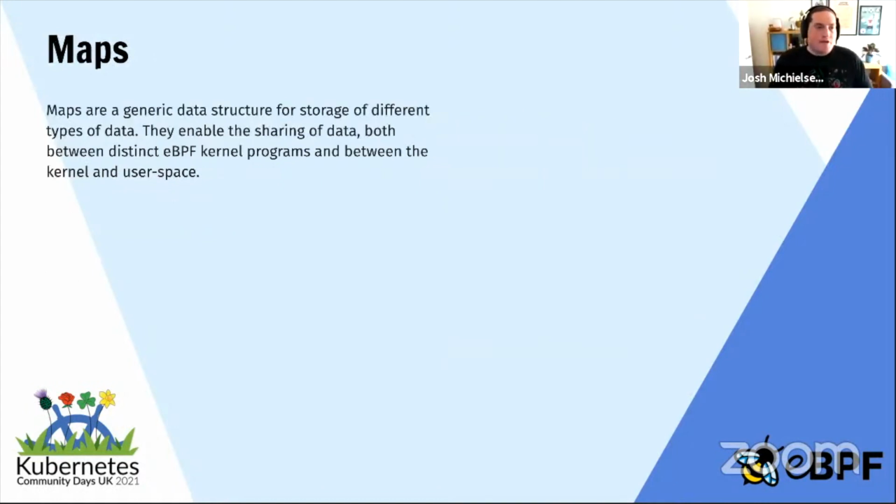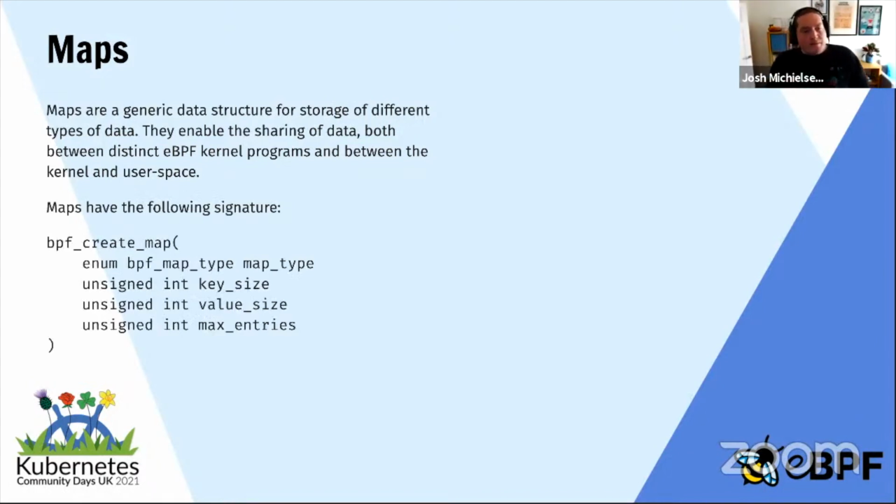Maps. BPF maps are basically data storage. They're a generic data structure, and we know what maps mean as programmers, but maps are actually a whole bunch of different data structures in terms of how BPF considers them. You can utilize maps to share data across different BPF programs, and between BPF programs and user space.